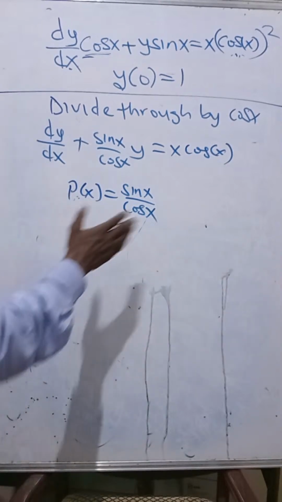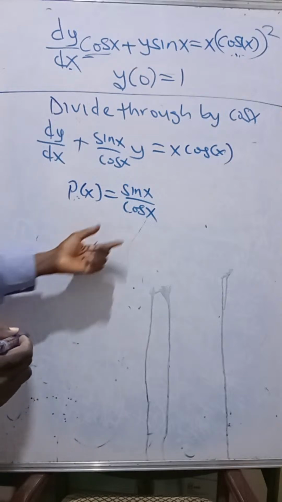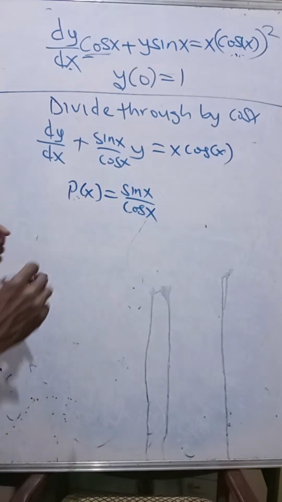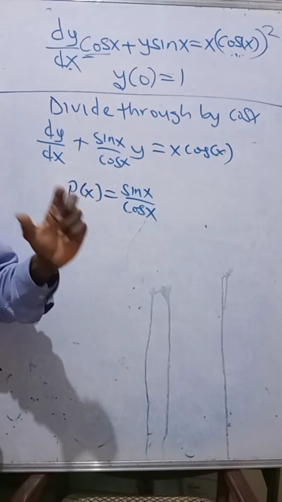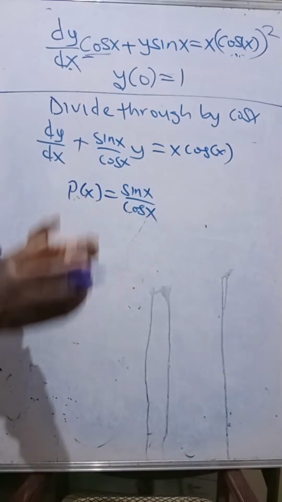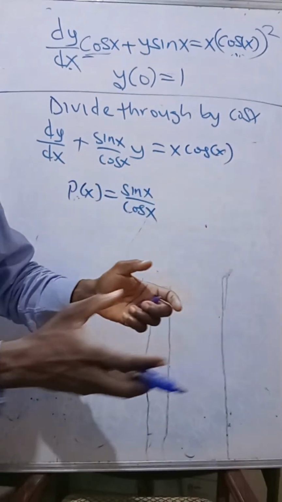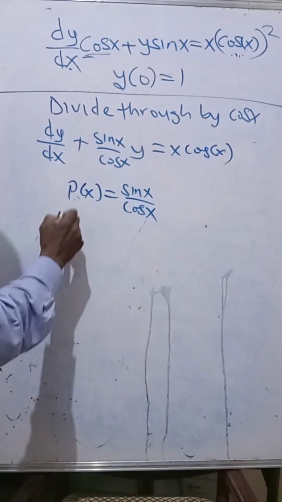So this is what we have. This is my p of x. Then when the first order differential equation conforms to the linear differential equation, the first step to be taken is to get the integrating factor.